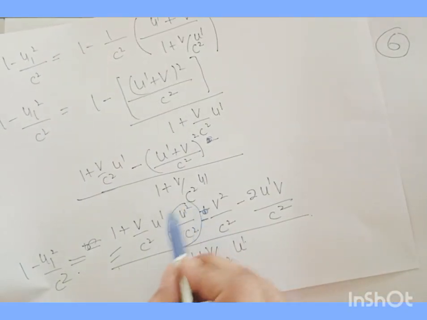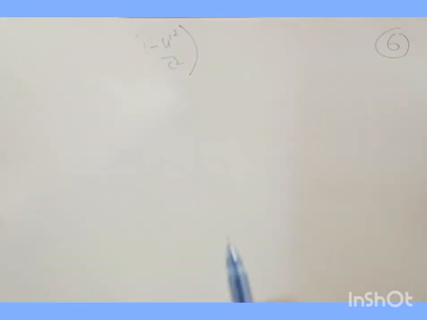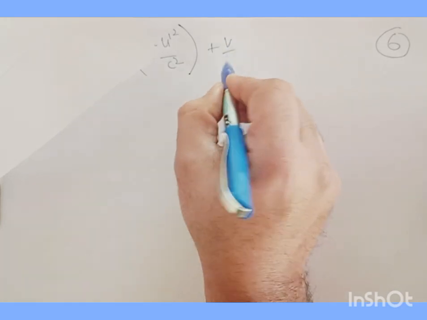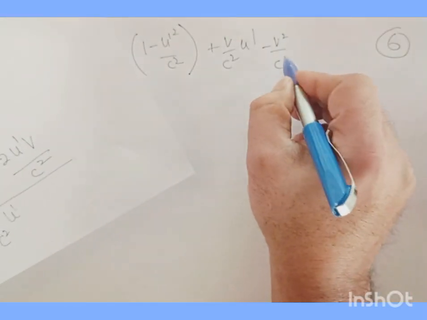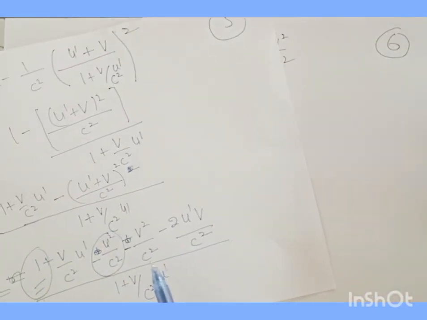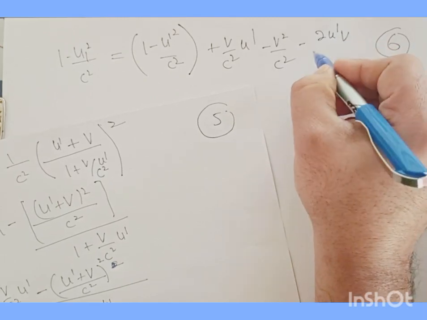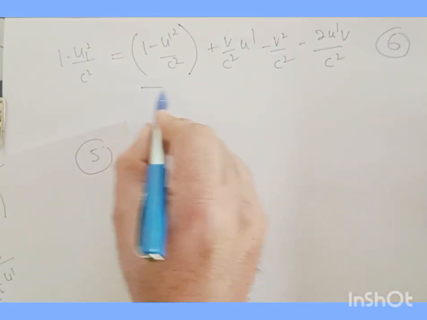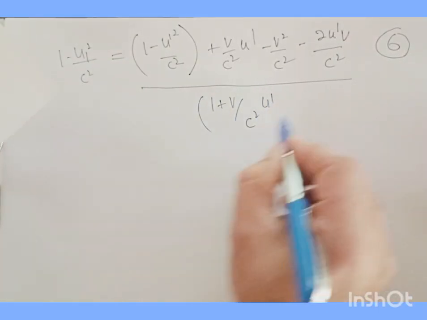So these two terms are gone, and what is left is plus v by c square u dash, then minus v square by c square, then minus 2u dash v by c square, and this whole thing is divided by 1 plus v by c square u dash.